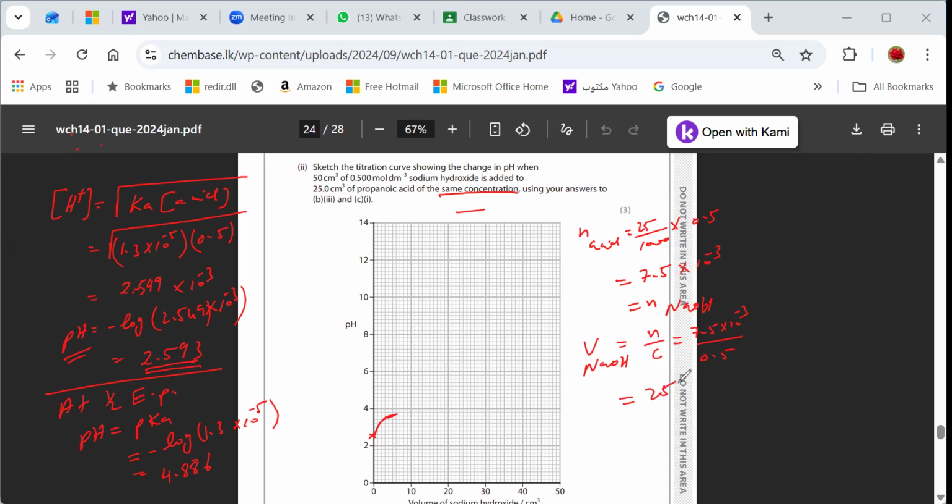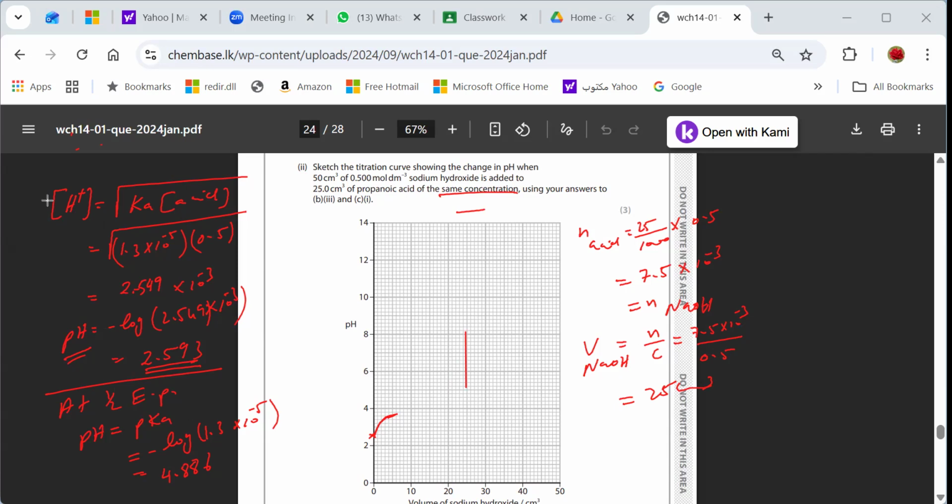So the volume will be 25 centimeter cube. So the equivalence point is at 25 centimeter cube, and it should be here, at 25. This is the pH.